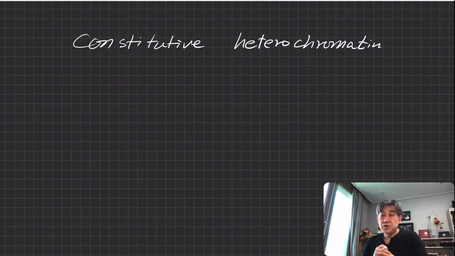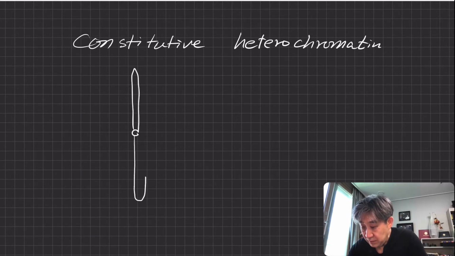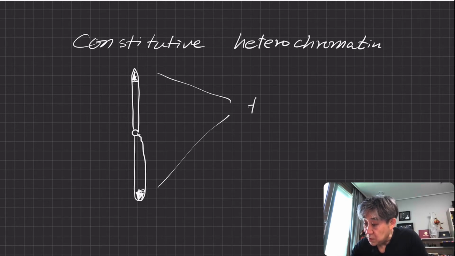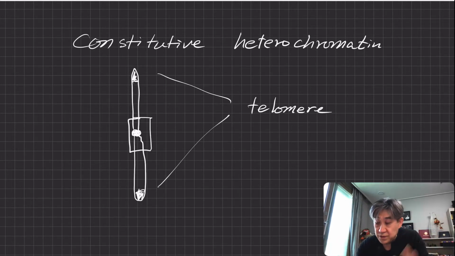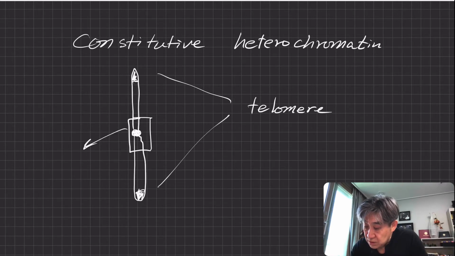Usually the two most outstanding areas of any eukaryotic chromosome are these. If this was a chromosome, then this telomeric area, the ends of the chromosome, is the telomere, and the center is the centromere. Around this centerish area, we usually call it a centromere.